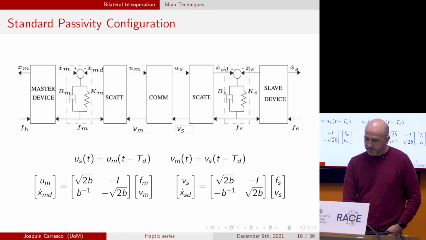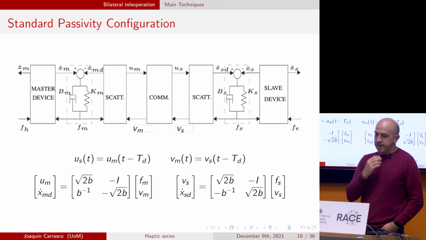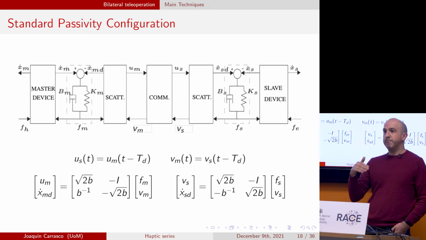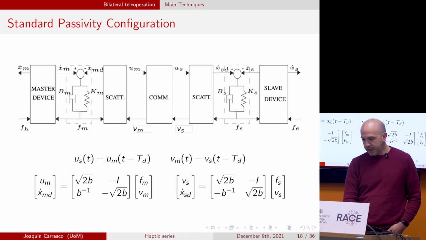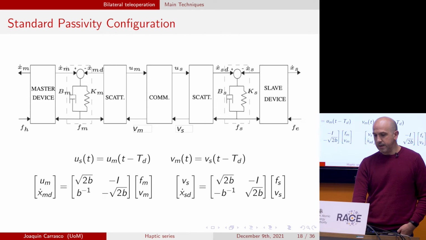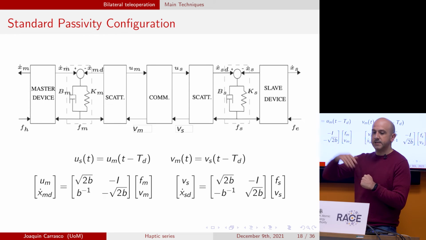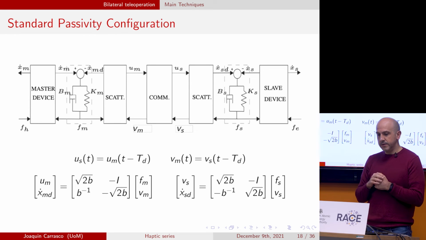And the output will be the position that we are giving to the master device. And on the other side, we have exactly the same. The second output of the scattering transformation is the wave that must go to the other side.